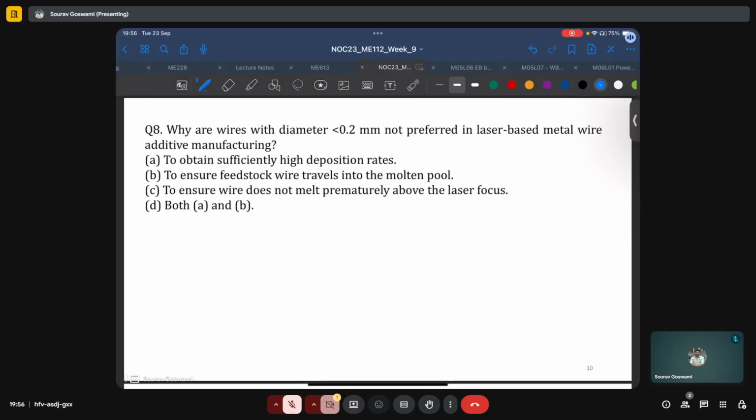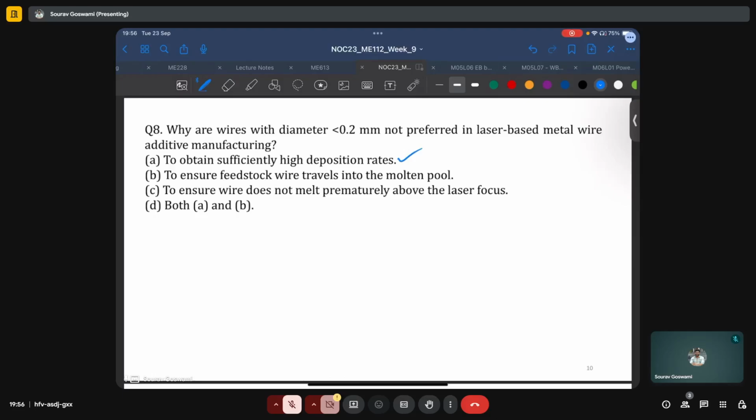Now, we have been espousing how the advantage of wire-based AM processes is in the high deposition rate. And if we use a very low diameter wire, the deposition rate will not be appreciably higher than using, say, high deposition rate with powder. And thus, we necessarily want to use wire which is of relatively good size, say typically between 0.8 to 1.2 mm.